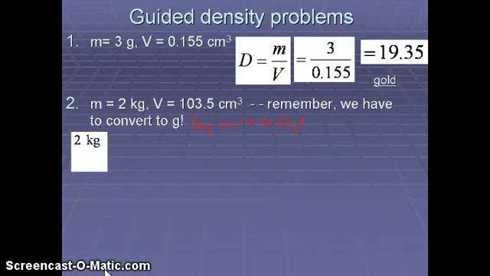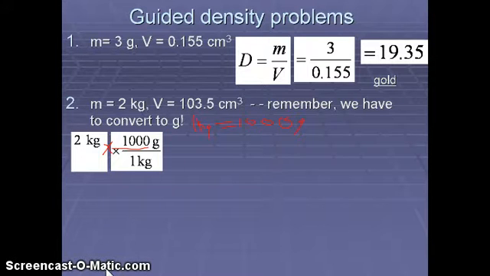The next step is to write down what we're converting on the left-hand side of our page. We're converting 2 kilograms. And we want to set up our fraction. And then we want to write down the conversion factor. So that means kilogram would go on the bottom, 1,000 grams would go on the top. Now we want to cancel out repeated units on the top and the bottom.